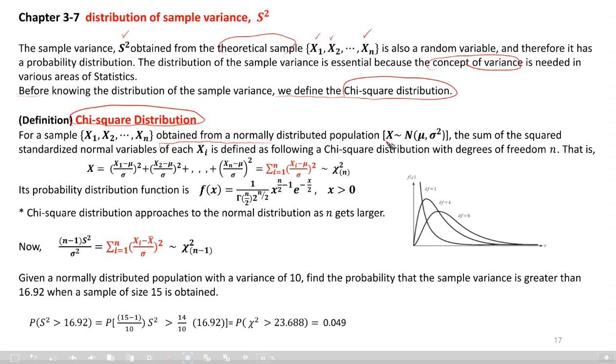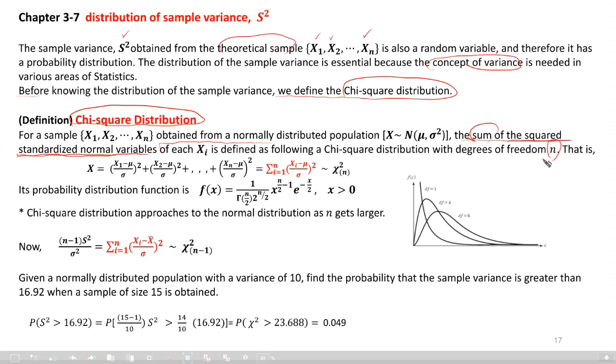In other words, the population has X following a normal distribution with mean mu and variance sigma square. In that case, the sum of squared standardized normal variables of each Xi is defined as following a chi-square distribution with degrees of freedom n.